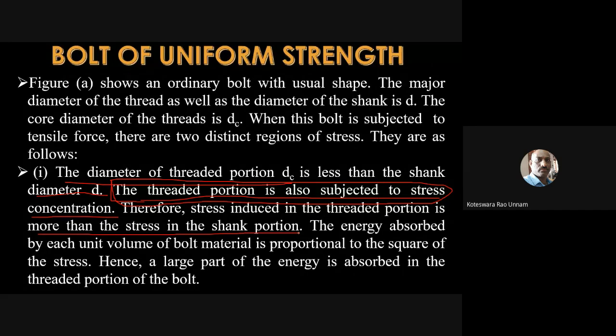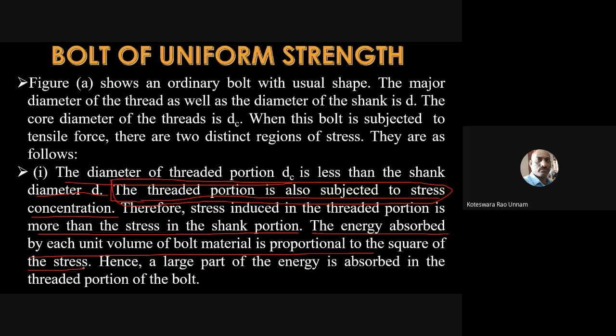Then the energy absorbed per unit volume of the bolt material is proportional to the square of the stress. This comes from your stress strain diagram. If you recall the stress strain diagram, you might have studied resilience. Resilience is the amount of energy absorbed by the component when it is loaded up to the elastic limit, the area under the stress strain curve up to the elastic limit.